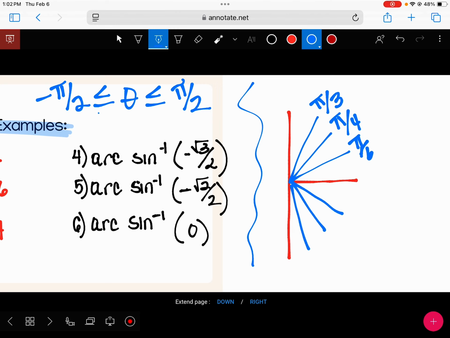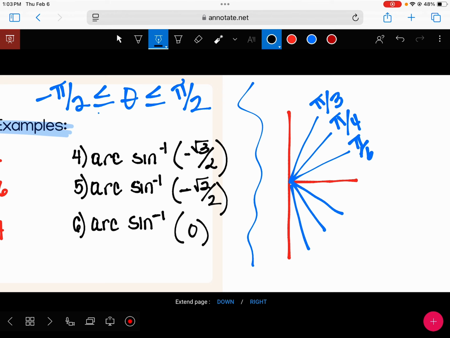So this is why this is a little tricky, because now I'm moving down to quadrant 4. Okay? So we know that the angle that has a sine value of negative root 3 over 2 is 5 pi over 3. But that's not in this range. Okay? So just remember that you can rewrite these as negative angles, and it's just a reflection over the x-axis.